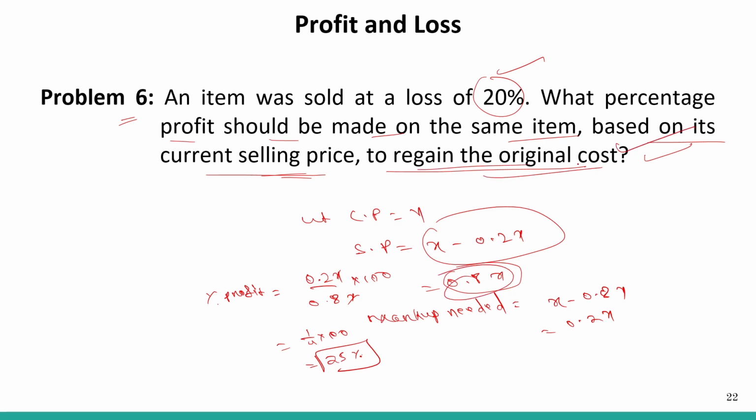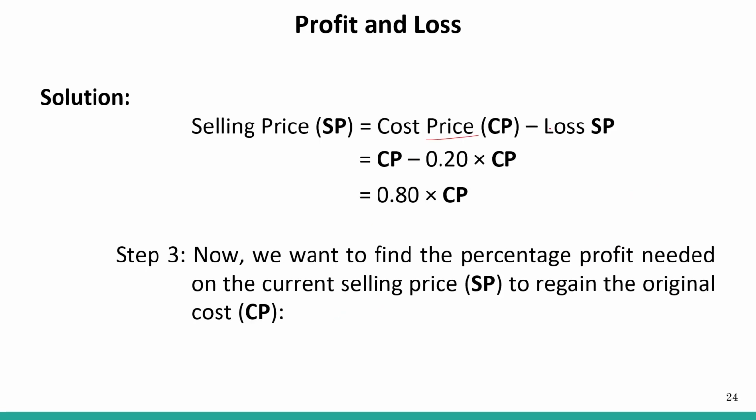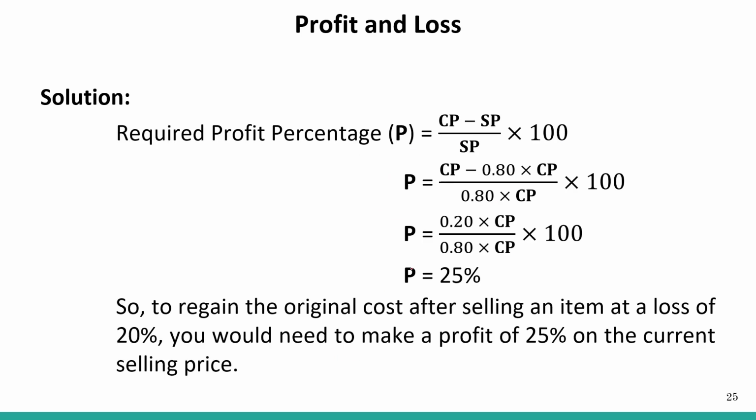Okay, so let's go forward with the step-by-step solution. Let CP be the original cost of the item. Given that the item was sold at a loss of 20%, SP can be calculated as cost price minus loss, so cost price minus 0.2 into CP, because 20% was the loss, so its decimal form is 0.20. So this is equal to 0.80 into CP, right? Now we want to find the percentage profit needed on the current selling price, that is SP, to regain the original cost price.